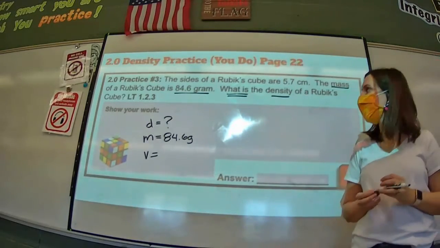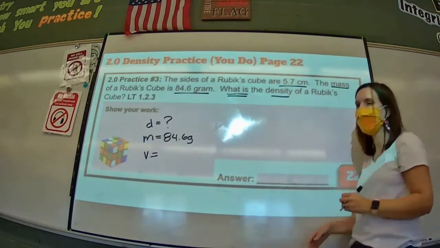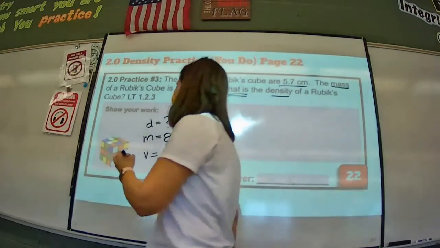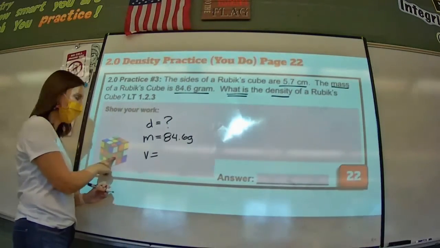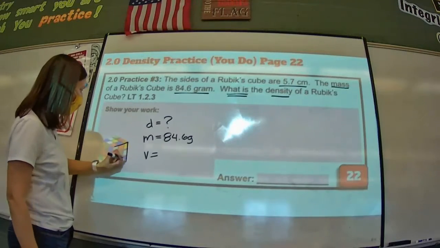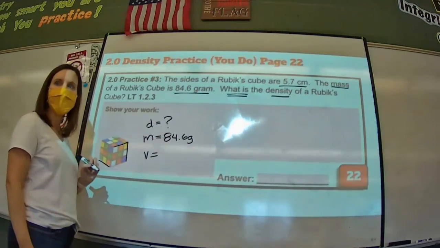Okay? So to find volume, it tells us that the length of the Rubik's Cube side is 5.7, okay? So what that means is each one of these sides on my Rubik's Cube, so my width, my height, my length, right? Each one of these dimensions is 5.7.